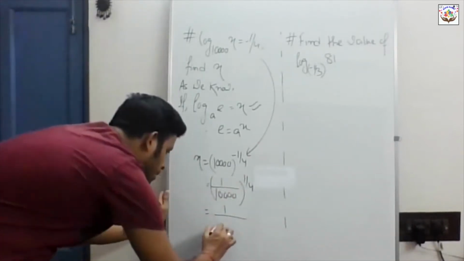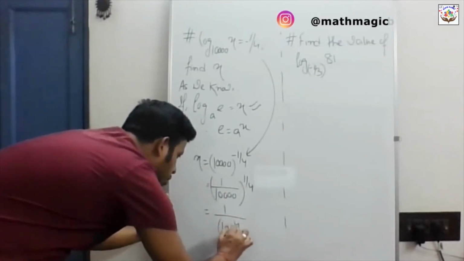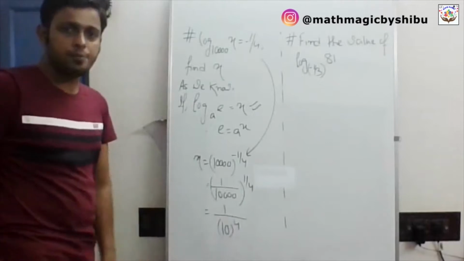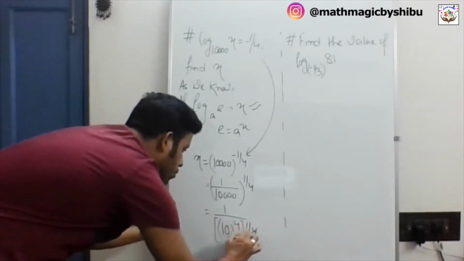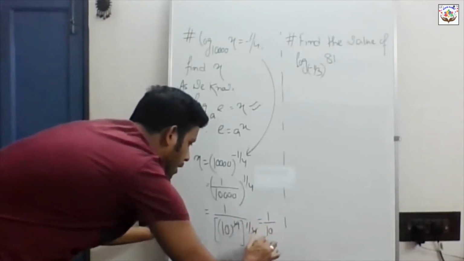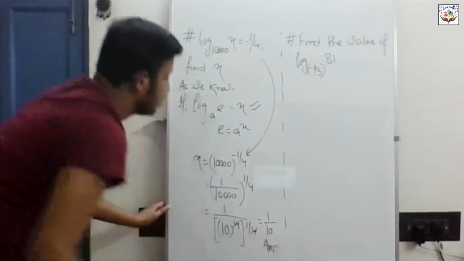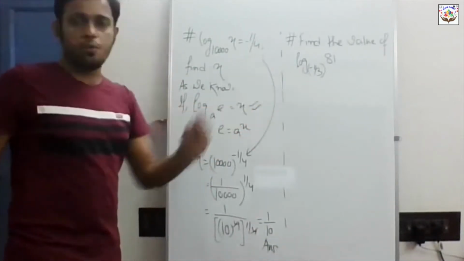Can we represent 10,000 as 10 to the power 4, and to the power 1 by 4? So 4 can be cancelled out. So the result will be only 1 by 10. Easy one, right?